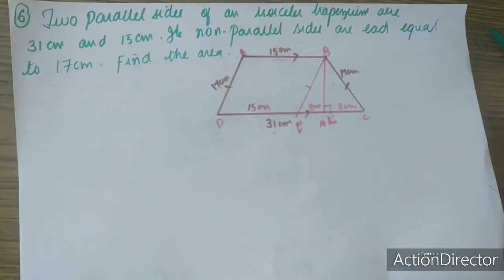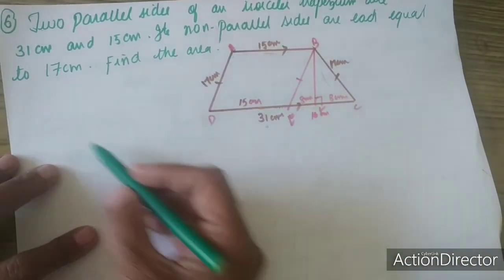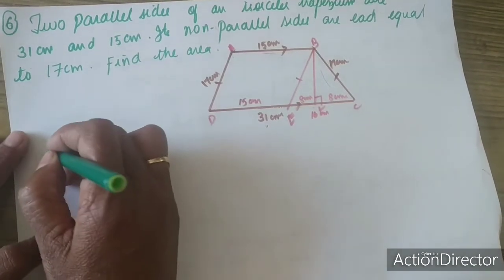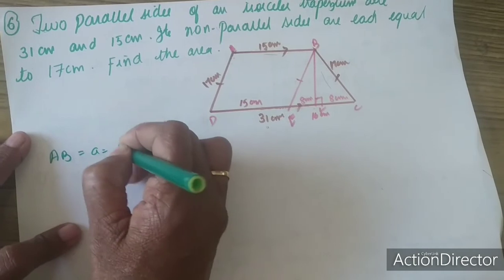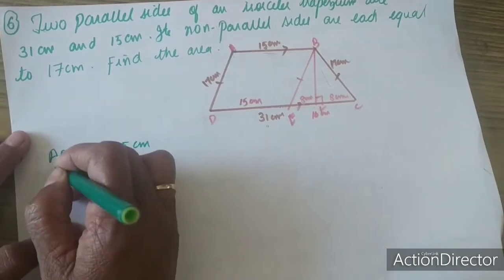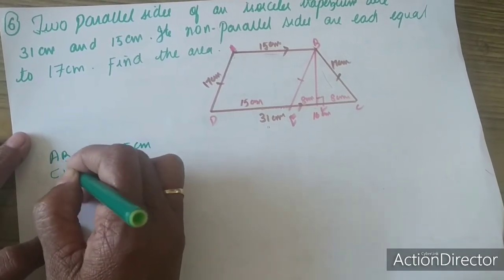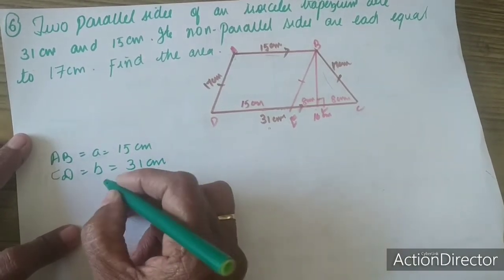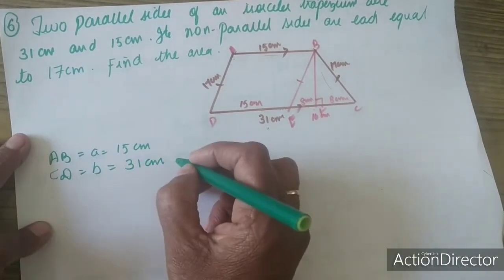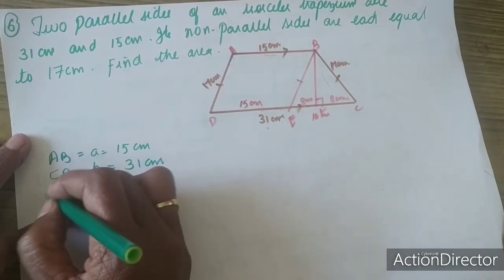So now let me do this. First, what is given? AB, that is A, is equal to 15 centimeter. CD, that is B, is equal to 13 centimeter. And also do the construction.